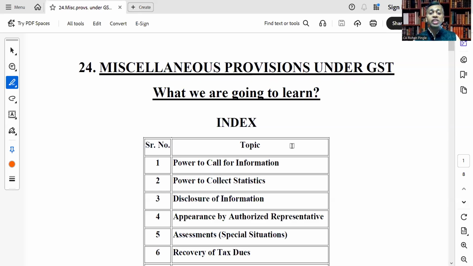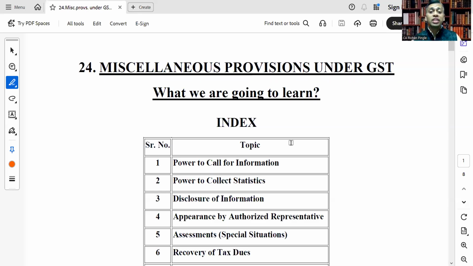We are going to discuss today miscellaneous provisions under GST.